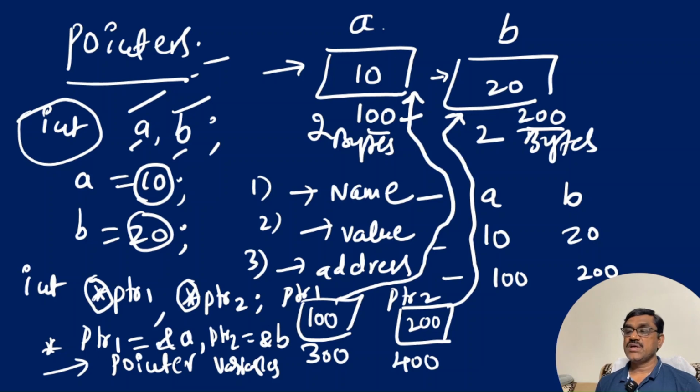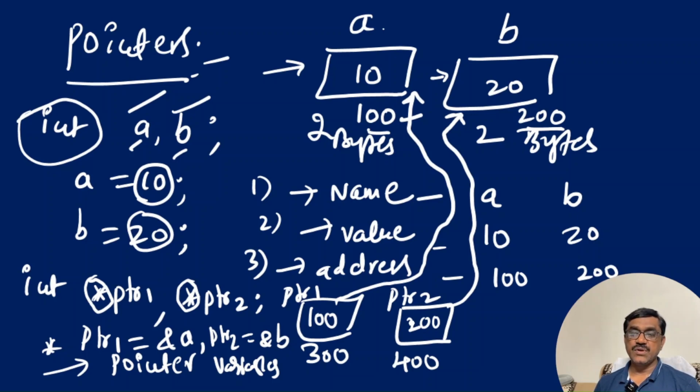That means ptr1 consists of the address of a, how much? 100. And ptr2 consists of the address of b, how much? 200. Now here you have to say that ptr1 and ptr2 are nothing but the references to a and b. Whenever we write ptr1 and ptr2 at the time of function calling, it means you are passing addresses.